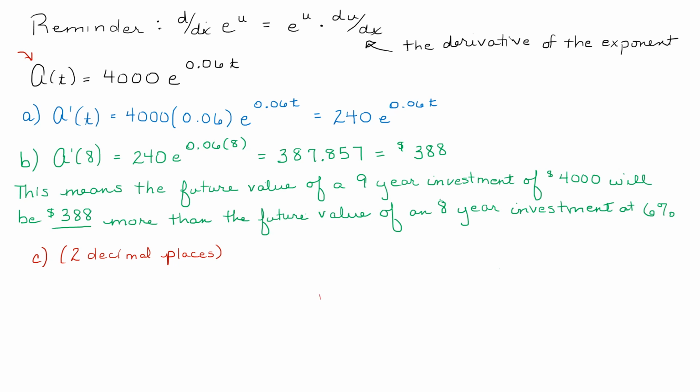So we will have A of 9 minus A of 8. All right, so I'm going to plug it right in. A of 9 would be 4,000 e to the 0.06 times 9.